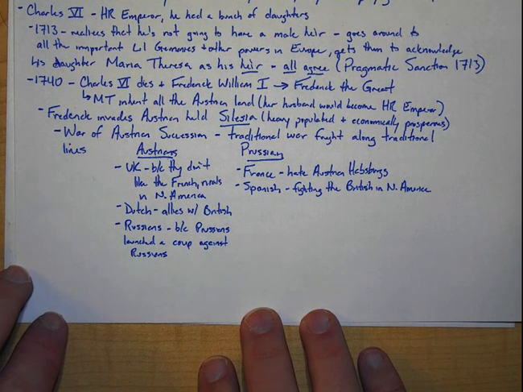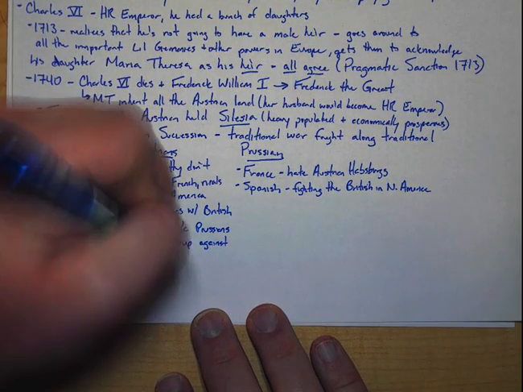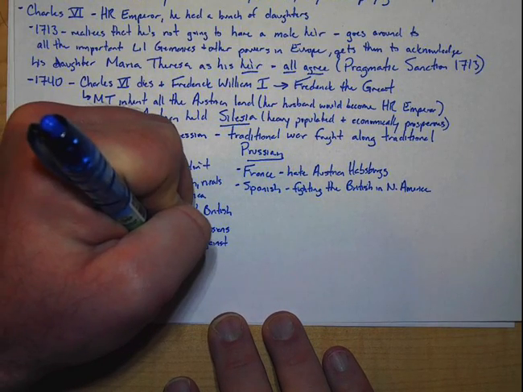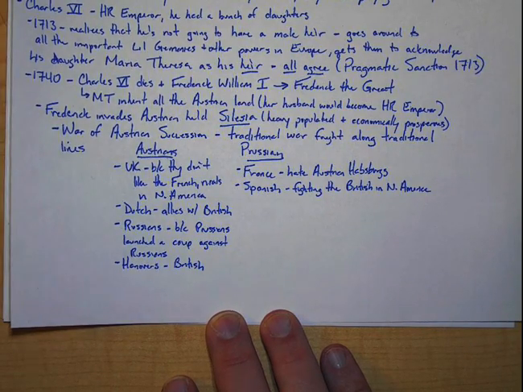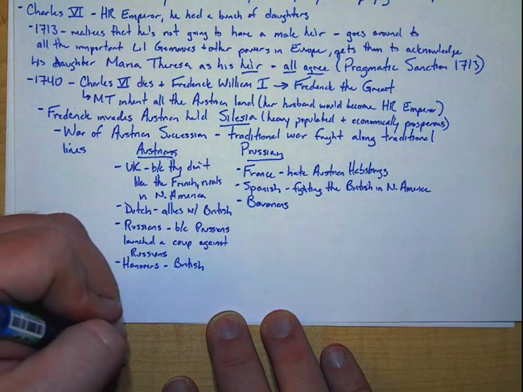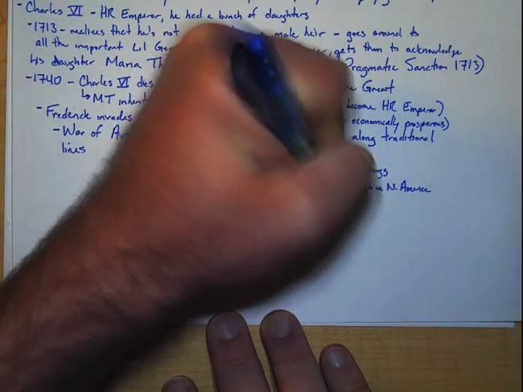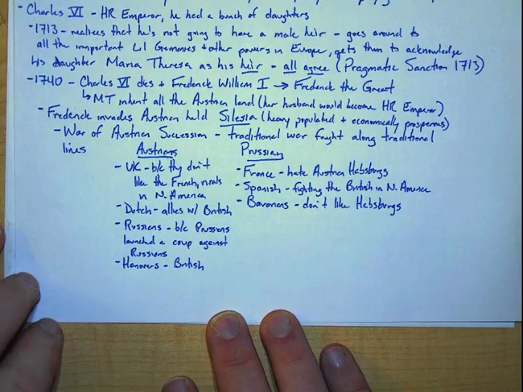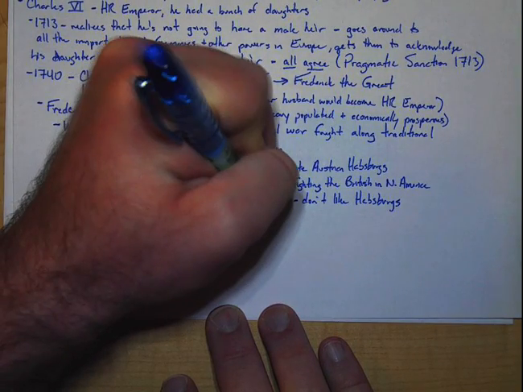And then there are some smaller countries that join up on either side, like Hanover, which joins the Austrians because of the British. The Bavarians join the Prussians because they don't like the Habsburgs either. And then you might throw in the Swedes.